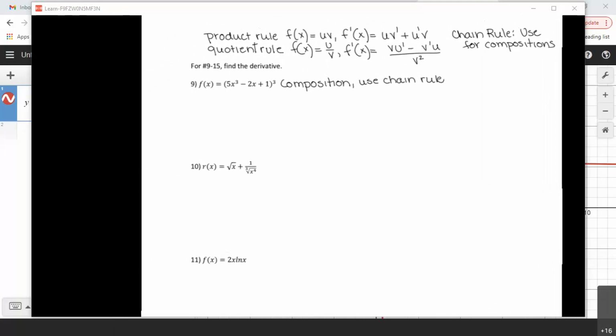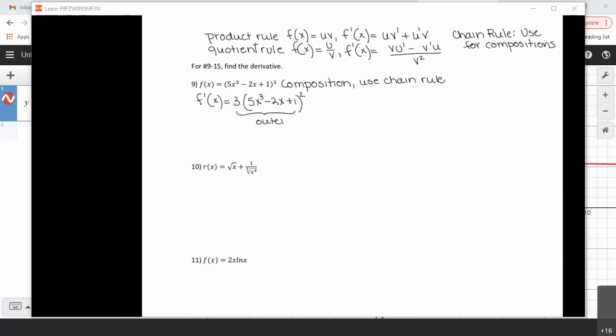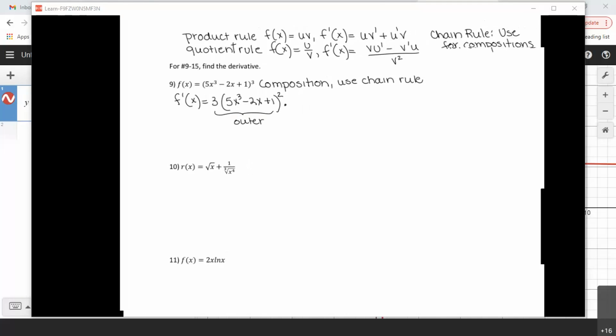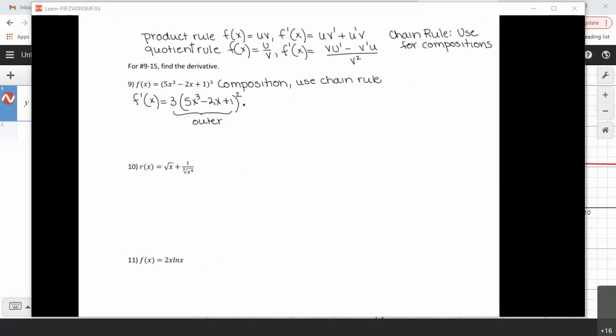First I'm going to take the derivative of the outside function, that's the thing raised to the third power. Bring down the exponent, leave the inside alone, drop the exponent by 1. So here's my outer function. And then the chain rule says take the derivative of the inner function and multiply it.